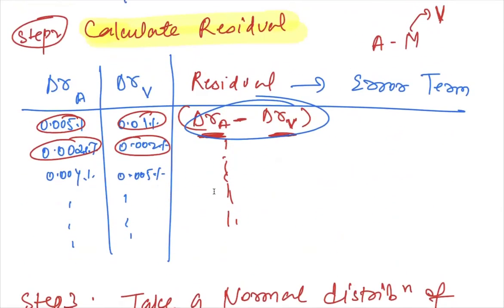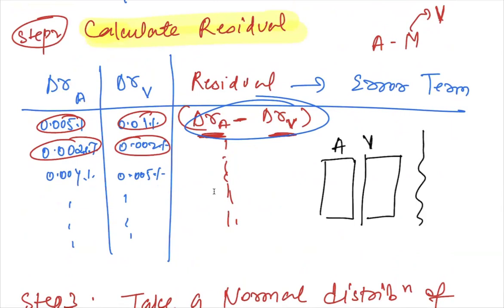See, let's say you observe some actual data, and you are using a model to generate interest rates. So what will be the error? This minus this is your error term, right?